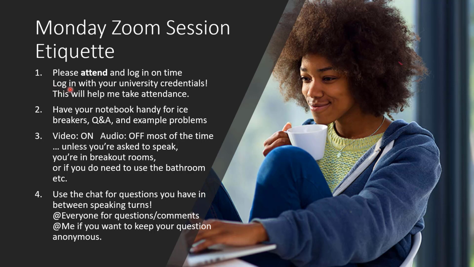Please also make sure that you're logging in with your university credentials, okay? This is really the best way for me to ensure that the person with your account actually is you and that you actually deserve to have the participation points recorded for that day, okay? It's kind of a FERPA thing if you think about it.